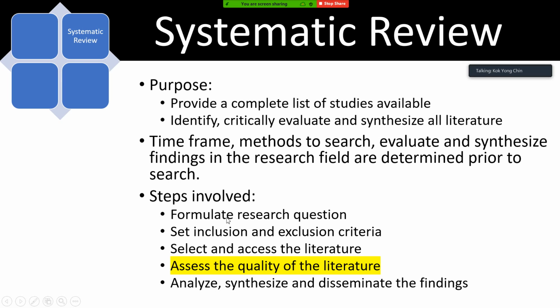Some of the steps involved in systematic review will be very pertinent to our topic today, which is scoping review, because we are adopting the same search strategy in writing a scoping review, just that scoping review does not assess the quality of the literature.